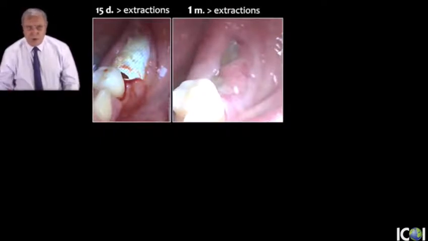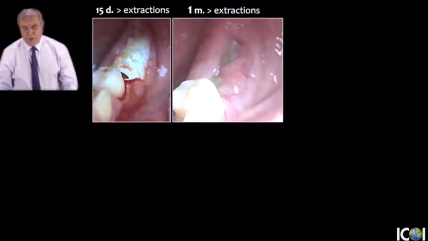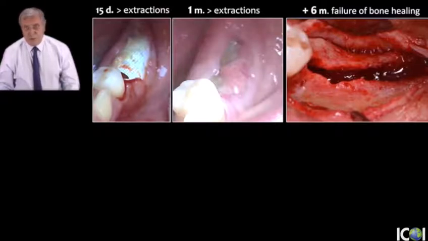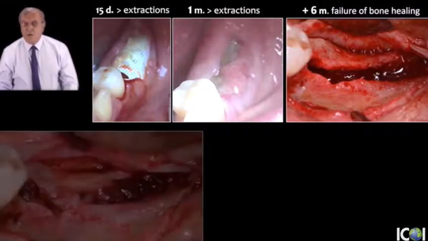We removed the non-resorbable membrane, and we waited a few months for bone healing. This case was not done by us, but when we wanted to place an implant, it was impossible because the healing was not good. So what was the treatment?